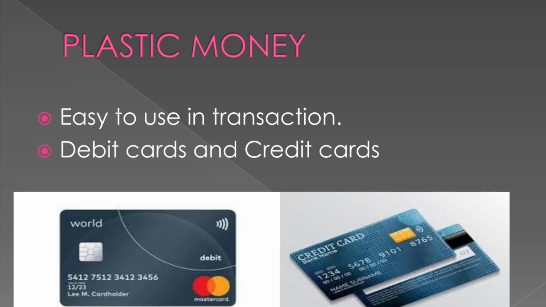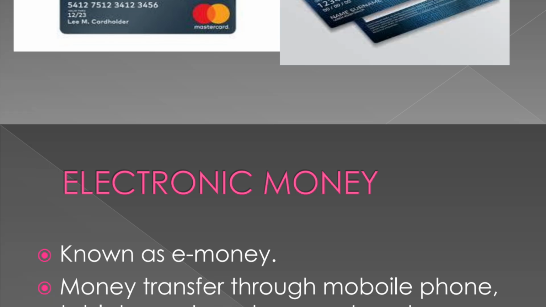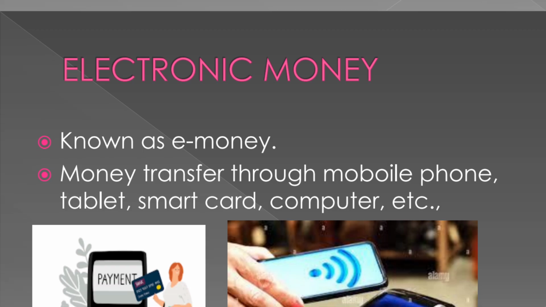Further, the evolution in smart transactions led to the introduction of electronic money. So what is electronic money? Electronic money is also known as e-money. It refers to a form of currency that is electronically stored in a device such as a banking computer system.